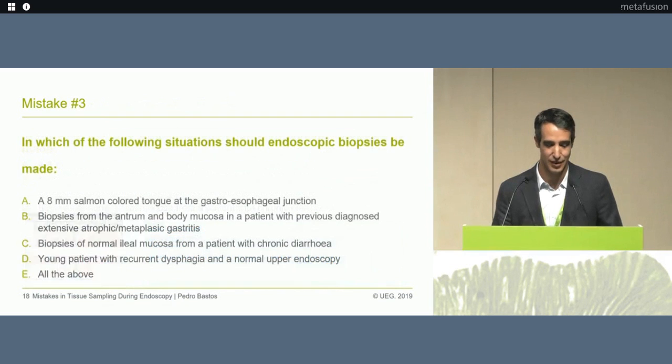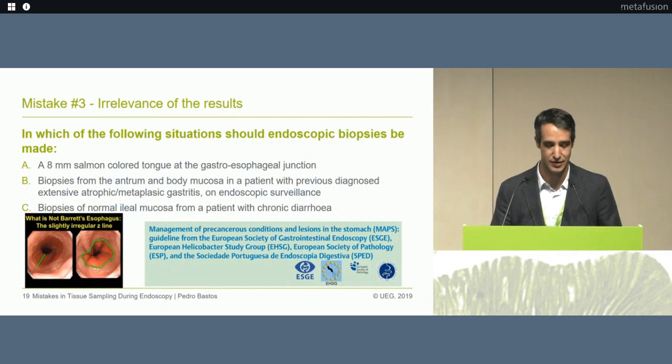Well, I will now try to convince you that the correct answer is actually answer D, but there can also be some controversy around it. We know that if we have a very small tongue of what could be Barrett's esophagus, an 8 millimeter salmon-colored tongue, which is below 1 centimeter, this is acknowledged by the European Society, the risk of esophageal adenocarcinoma in these patients is low.